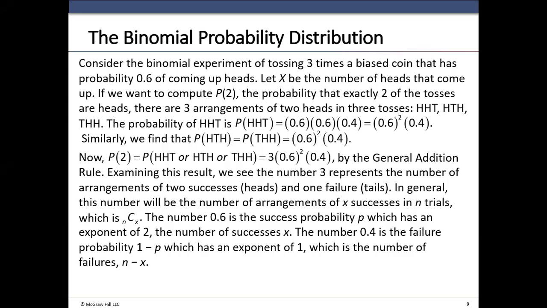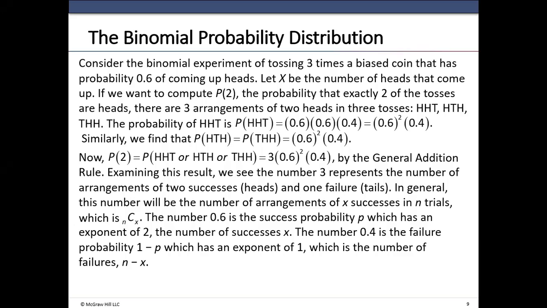Now the probability of X equal to 2 is the probability of HHT or HTH or THH, so it is 3 times 0.6 squared times 0.4 by the general addition rule. Why 3? Because each of these probabilities is the same, 0.6 squared times 0.4.